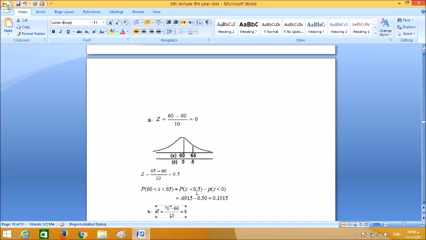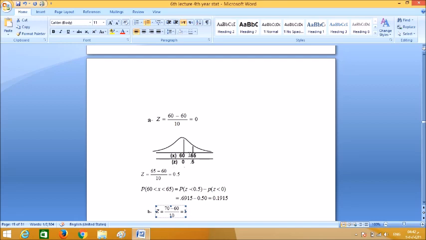P of z less than 0.5, this one, minus the probability of z less than 0, this one. Okay, so the probability that z equals 0.5 minus the probability that z equals 0.